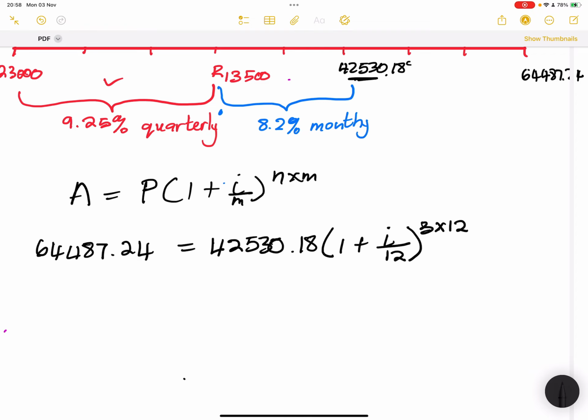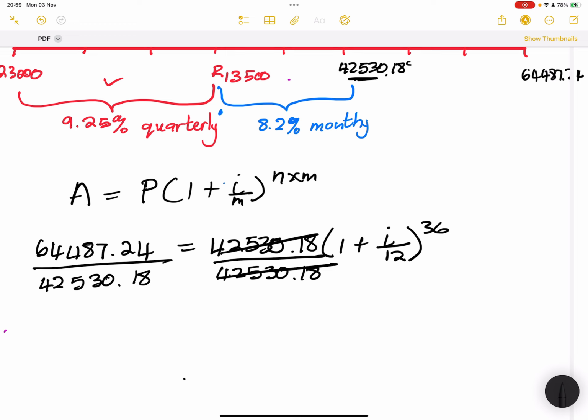So 3 times 12 is 36. I want to write that so that you can see what I'm doing. So firstly, I'm going to divide both sides by 42,530 and 18. So this cancels with that.